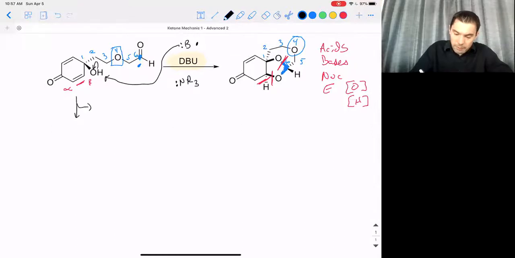And I always like to try to balance my formula here. And so that means that we have an ammonium salt as the leaving group, our BH+. And I'll also remind you that every time in an arrow pushing mechanism that you create a charged species, you want to make sure that that charge is balanced somewhere.